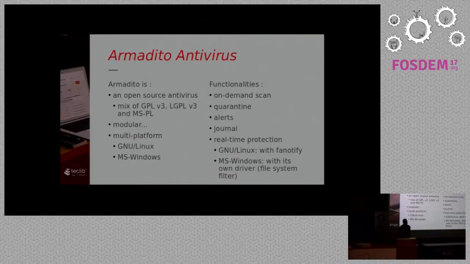It offers standard antivirus functionalities, that is on-demand scan of files and directories, putting detected files in a quarantine area, raising alerts, having a journal of events, of course, and it offers real-time protection, which means that it can intercept any file open in a specified directory, scan the file before it's opened, and block opening of detected files.